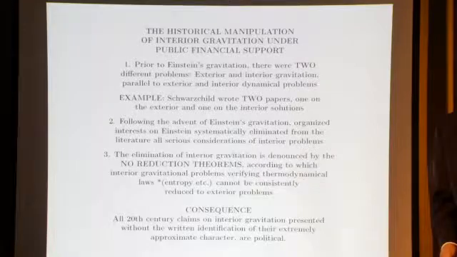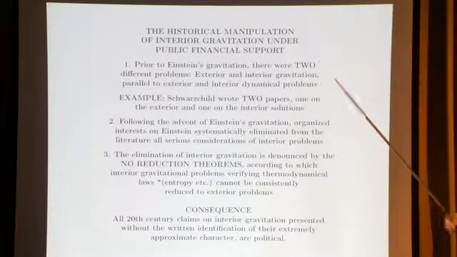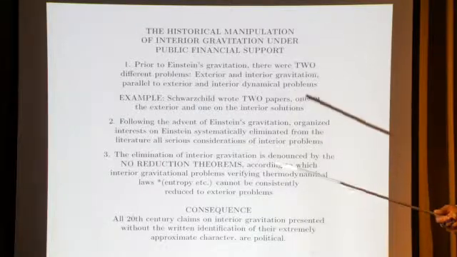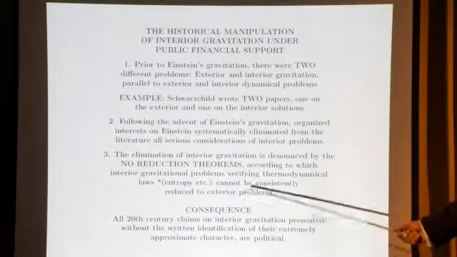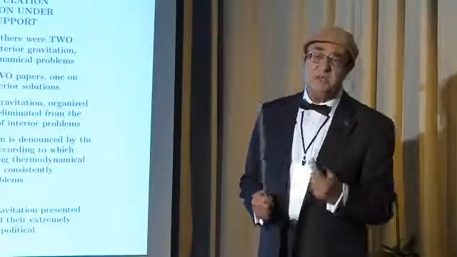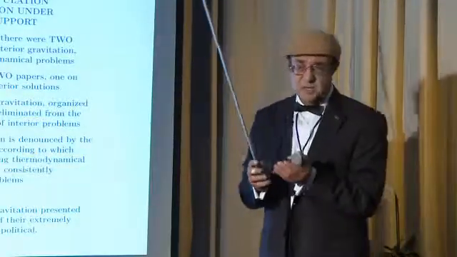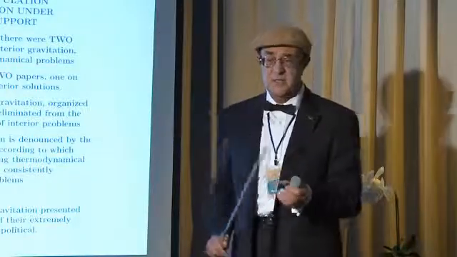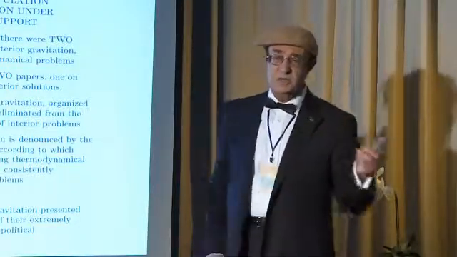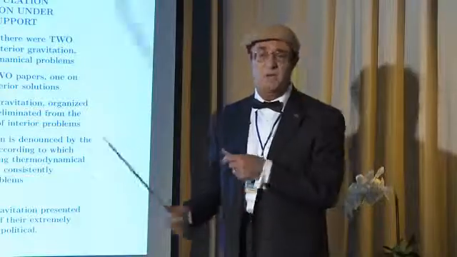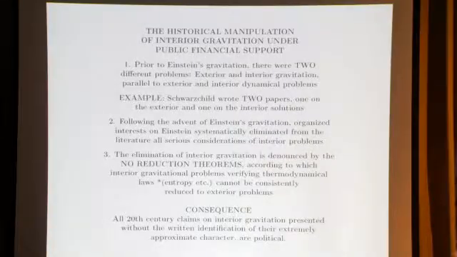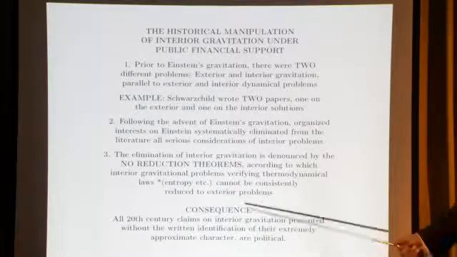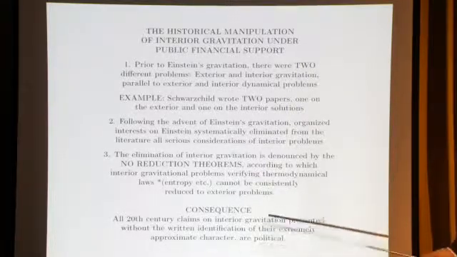After that, the interior problem was eliminated by reducing the body to points moving in empty space. But as we have seen since lecture 1, this type of extreme abstraction was made for political reasons. Let's be very straight, honest, namely to adapt a theory under conditions that were way beyond those of the original conception. This extreme abstraction had been disproved by the so-called no-reduction theorem.